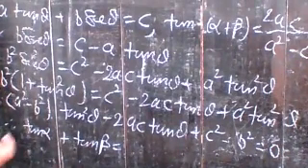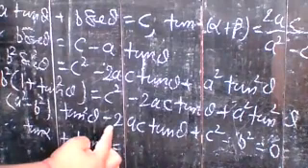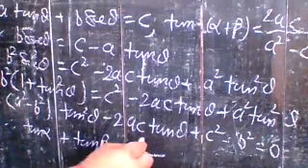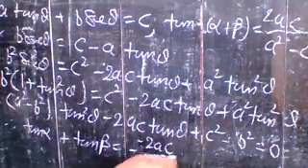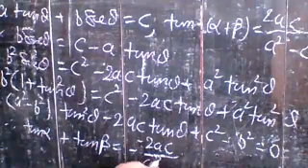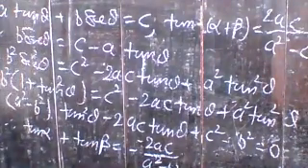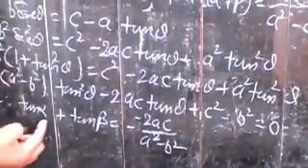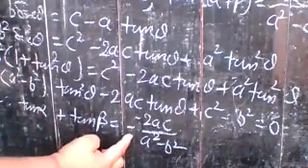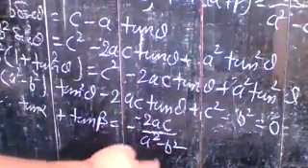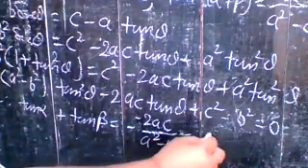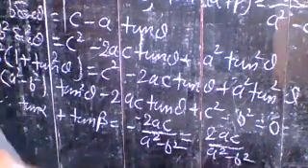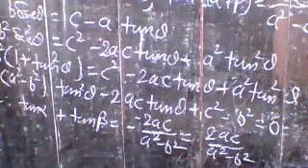You know the formula, and here the value of b is minus 2ac, so you have minus times minus 2ac upon a, where the value of a is a square minus b square. So tan alpha plus tan beta is equal to 2ac upon a square minus b square, which is the sum of roots.